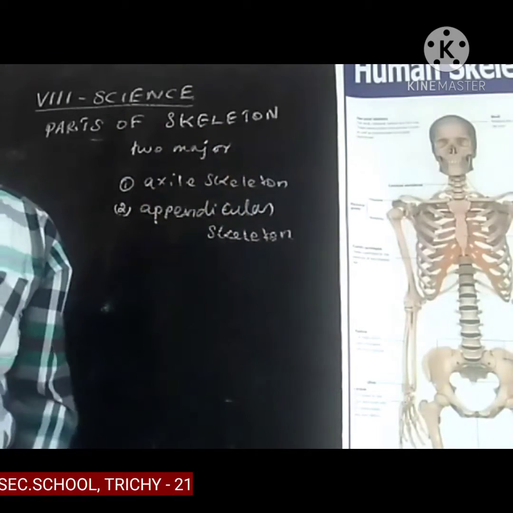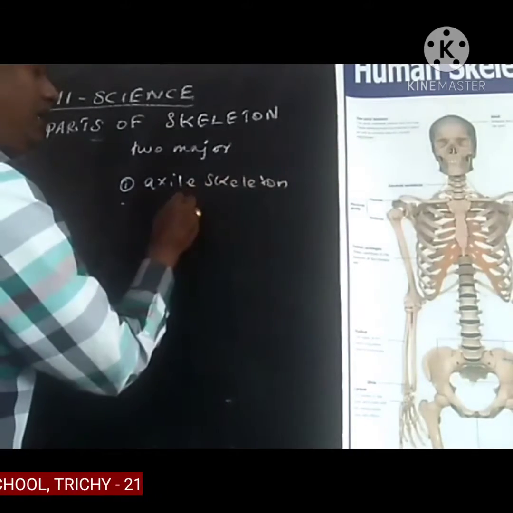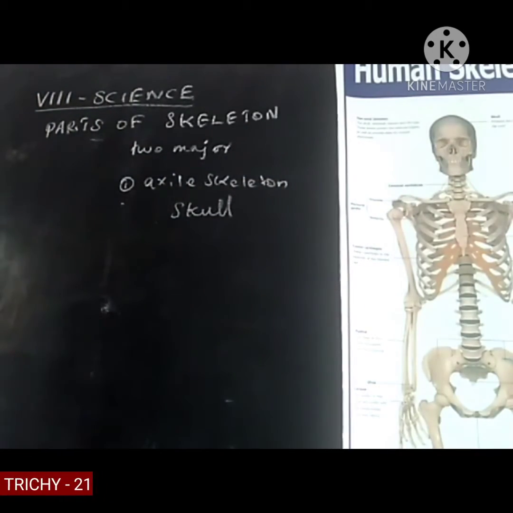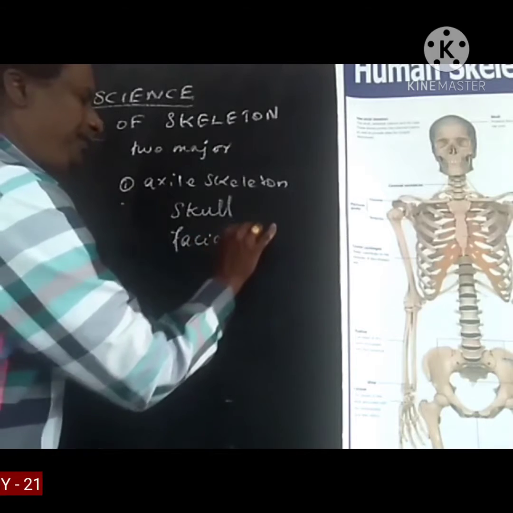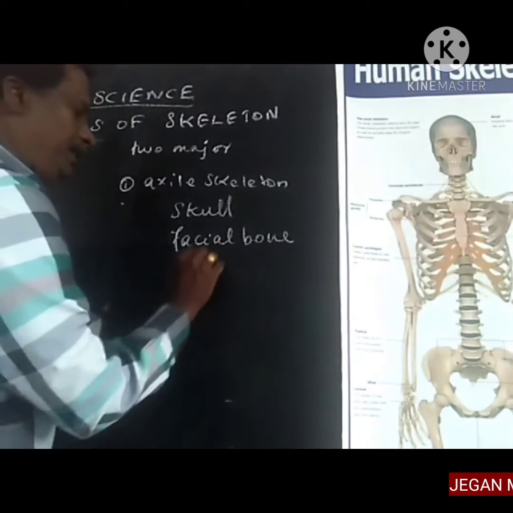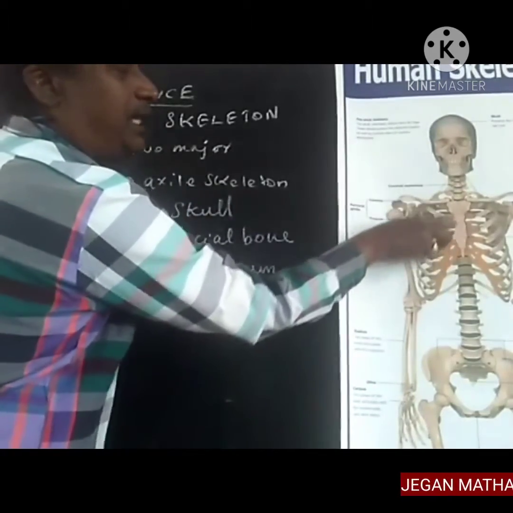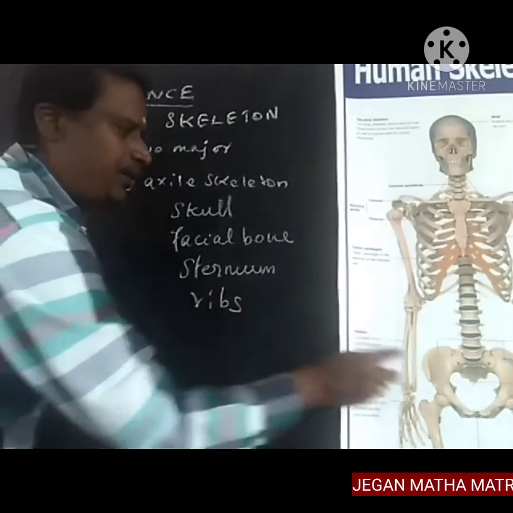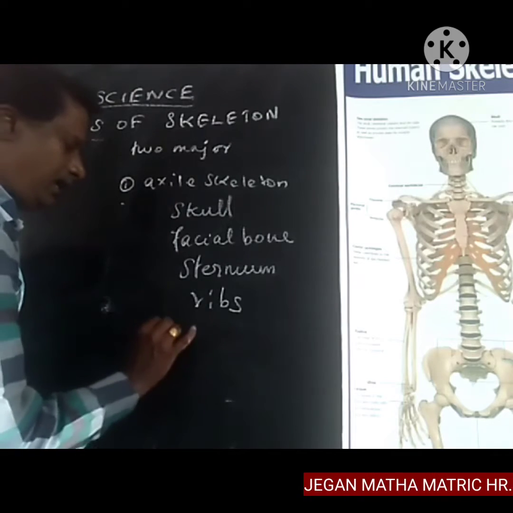The axial skeletal system consists of the skull, then the facial bones, the sternum, then the ribs, then the vertebral column.